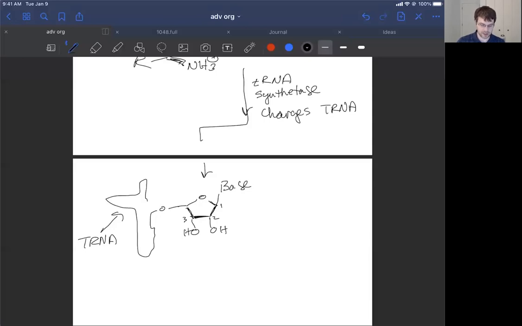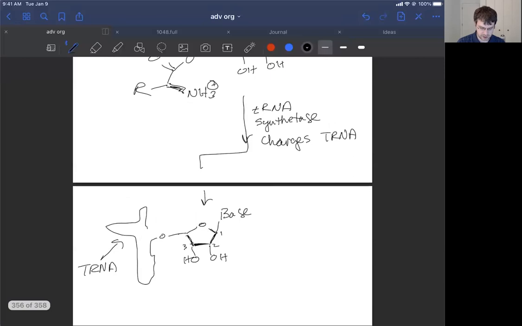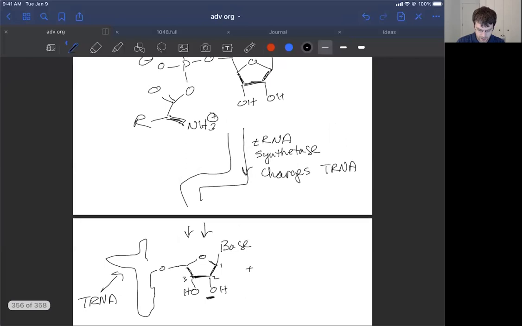So what is this reaction that I speak of? I haven't really shown a reaction; I'm just guiding our eye down here. We're going to react one of these OHs. Let's pick this OH to react with our amino acid that's adducted to an adenosine monophosphate, which I'm going to label as AMP.